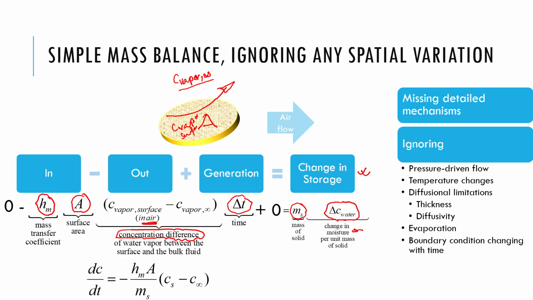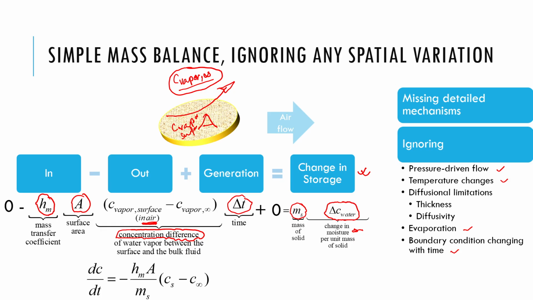So we are ignoring any pressure driven flow. We are ignoring any temperature changes. So you notice there is no temperature effect in there. We are also ignoring evaporation inside, and the boundary conditions like this C vapor at infinity are not changing with time. If it is changing, we cannot use it.